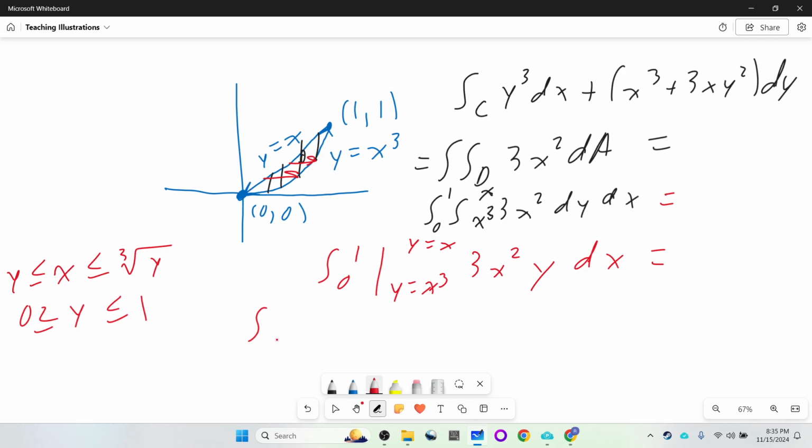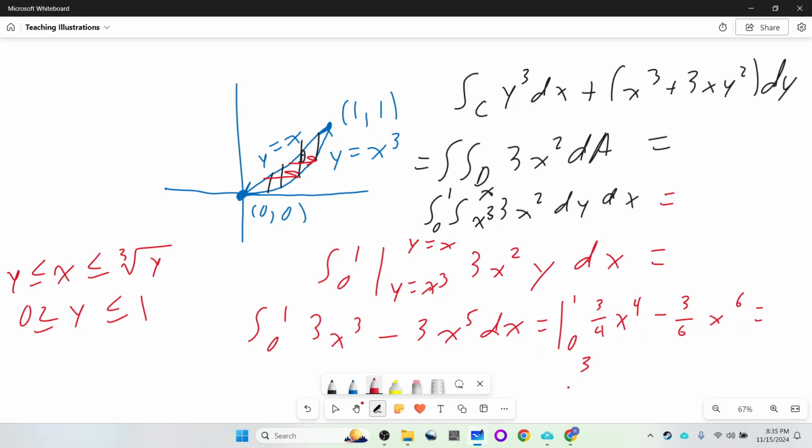Then we get 0 to 1 of, let's plug in x for y, so 3x cubed minus 3x fifth dx, which is 0, 1 of 3 fourths x fourth minus 3 over 6 x to the 6. So plug in 1, plug in 0, get 3 fourths minus 1 half is 1 over 4. That's our answer.